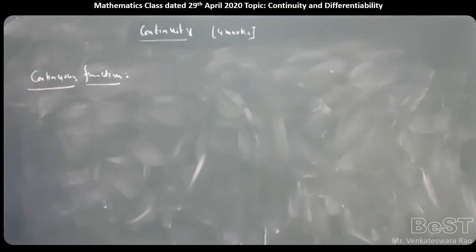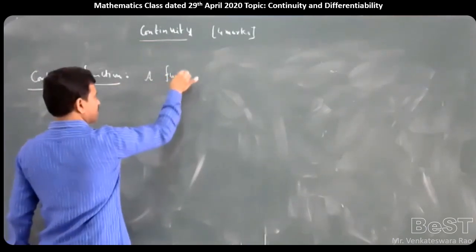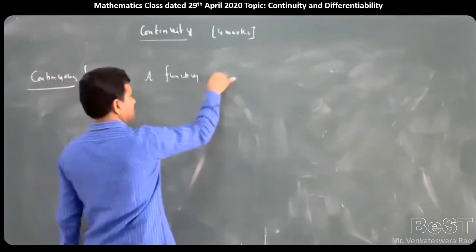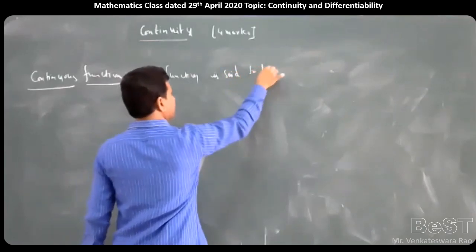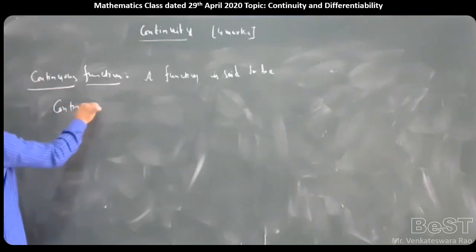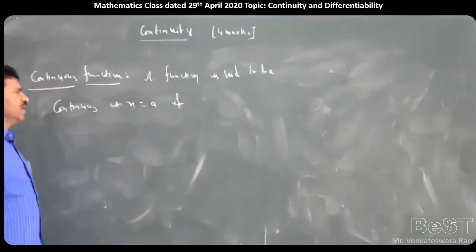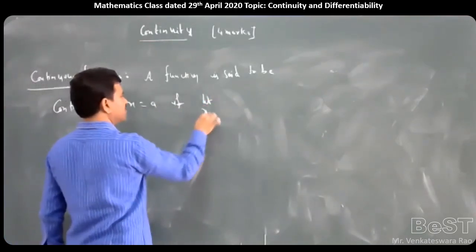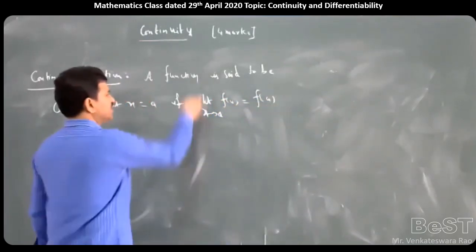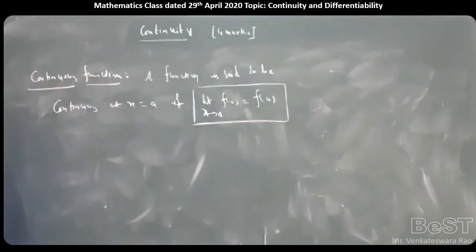Once again, a function is said to be continuous at x is equal to a if limit x tends to a, f of x is equal to f of a. This is the definition. Limit value must be equal to function value.